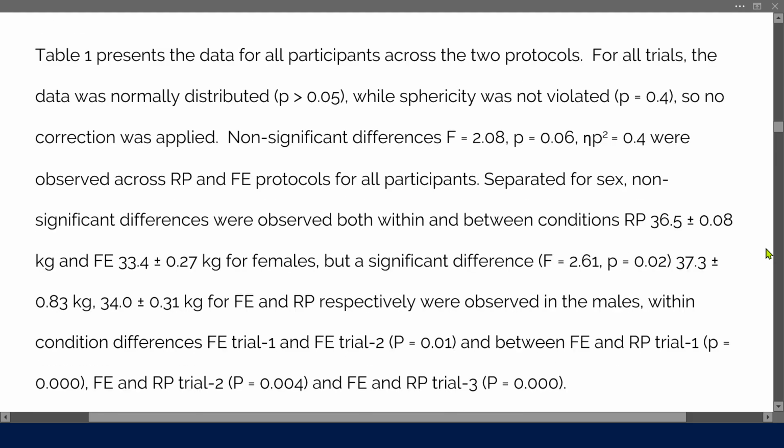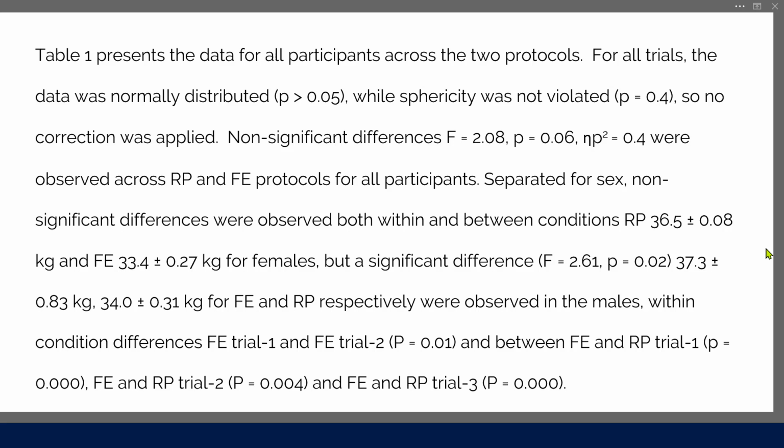Then it goes into the statistics. Now, do you remember, if you can't remember, go and watch the video on reporting and picking statistical tests. Fundamentally, getting the right test was about making sure that your data is normally distributed and is homogeneous. So what's happened here is that the measures for homogeneity and distribution are set out first, because that in essence leads the reader into the correct results.